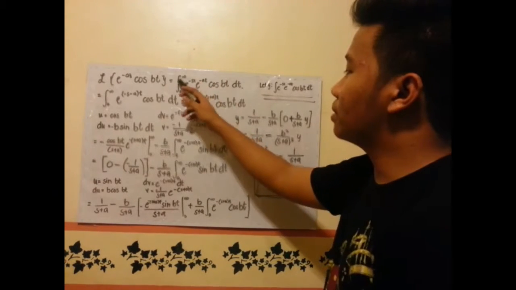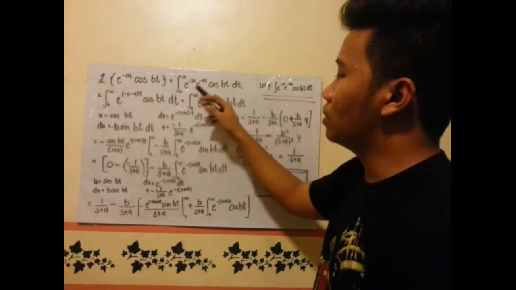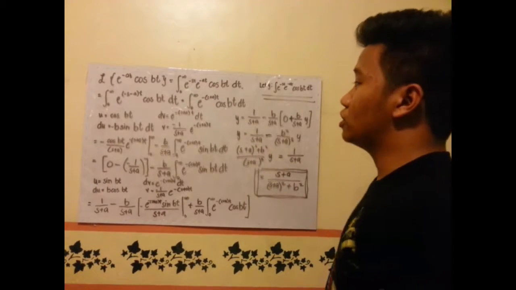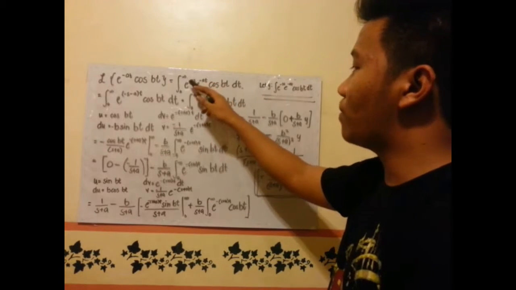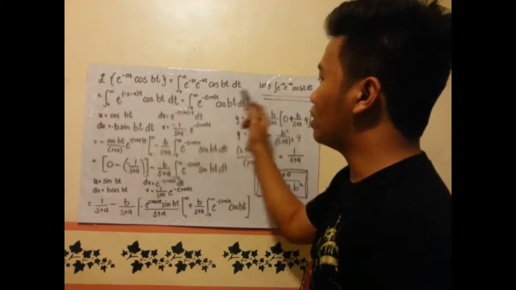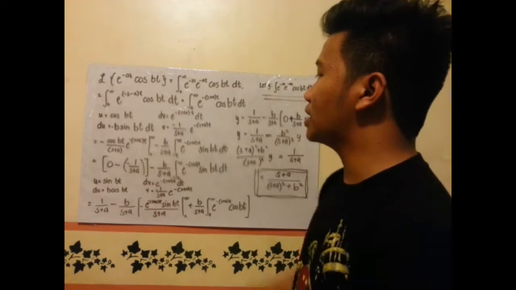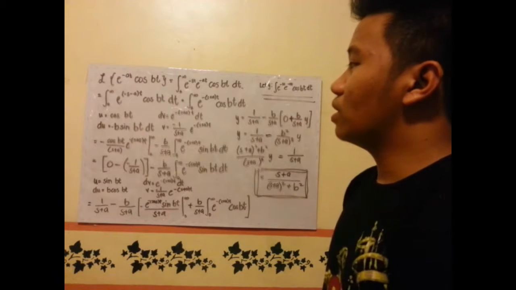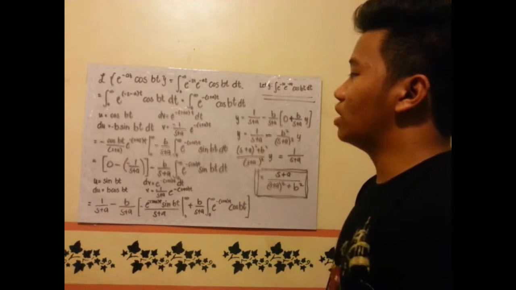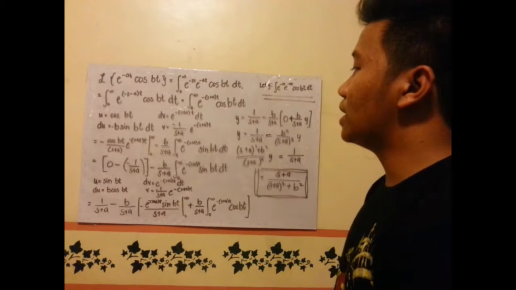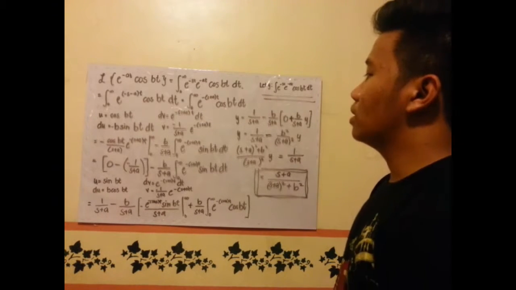Here we have the same base, so we're going to apply the law of exponentials, adding the exponents since we have the same base. Simplifying this equation leads us to the integral of e raised to parenthesis of negative s minus a, multiplied by t, cosine bt dt.